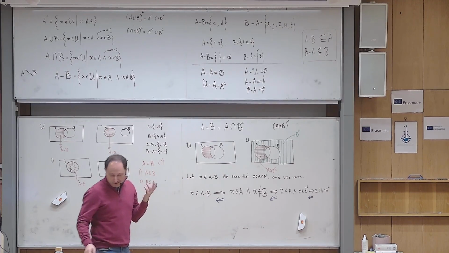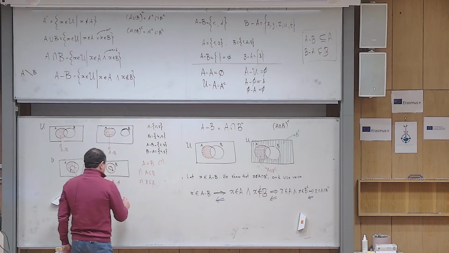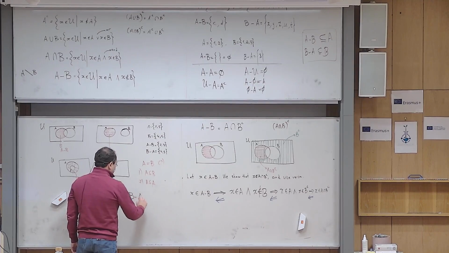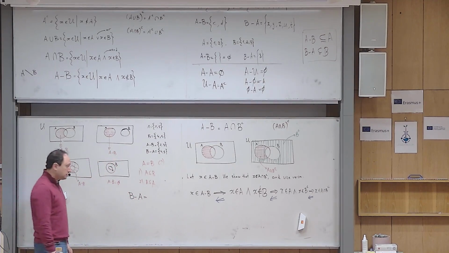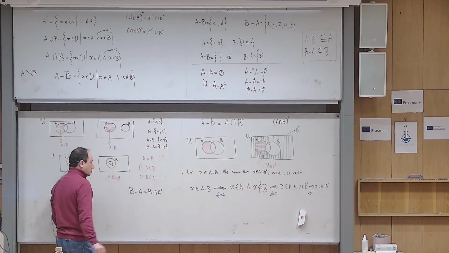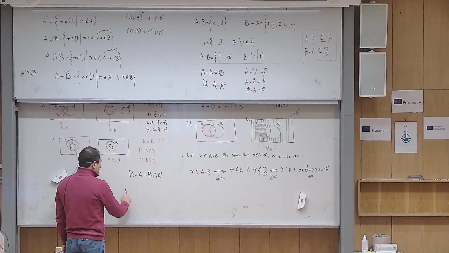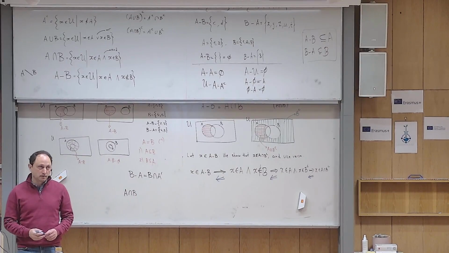Now let us test your understanding. Can you tell me what I can write for B minus A? B intersection A complement. Okay, let me ask you one more question. Can you write A intersection B in terms of subtraction?